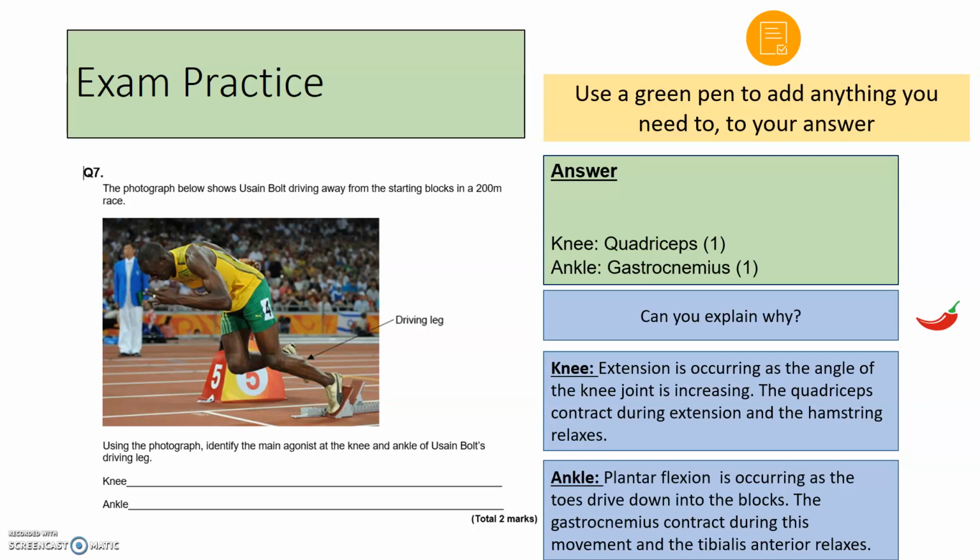So the movement type that's occurring is plantar flexion. And ultimately as those toes and that foot drives down towards the blocks, again, try and do it when you're sat down now as well. If you point your toes down to the floor, that movement of plantar flexion, you should be able to feel the back of your lower leg, your gastrocnemius, that is what's tightening, that's what's contracting.